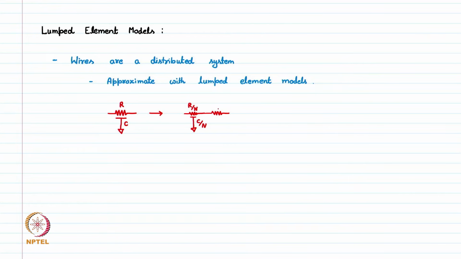So for example, this is the second segment, where this is R by n, this is C by n, and we connect n such segments.